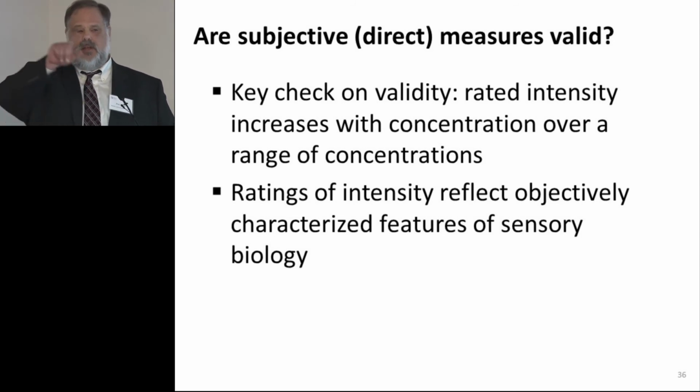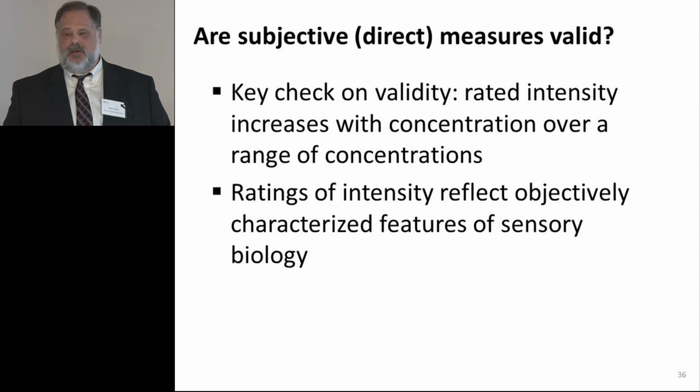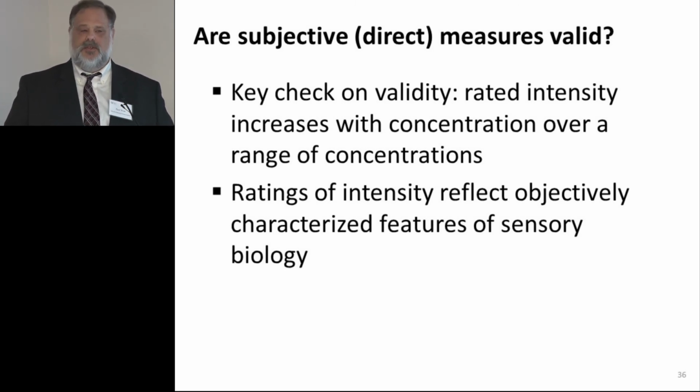So they have U-shaped dose-response functions at the receptor, and that's reflected in ratings of intensity. And other things are individual differences in rated bitterness associated with differences in the bitter receptors we express. And John's lab has identified a couple of interesting cases of polymorphisms in particular bitter receptors that are associated with individual differences in the rated bitterness of some non-nutritive sweeteners.